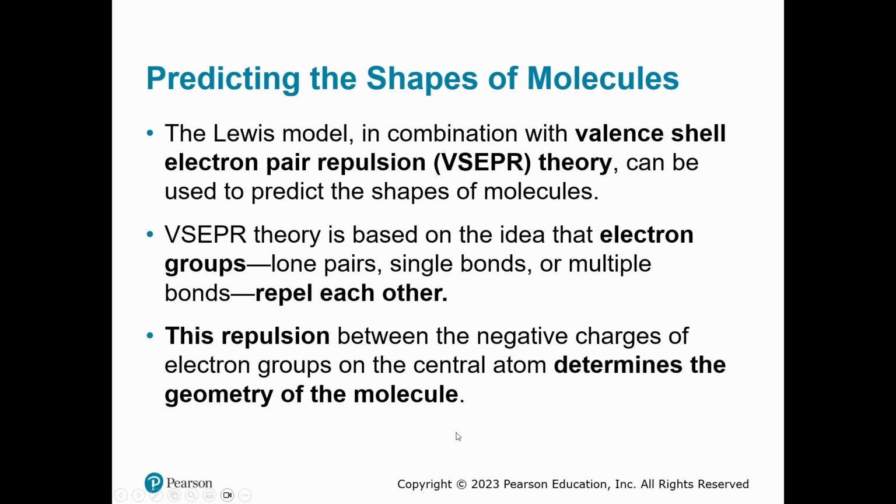VSEPR is a set of rules and theories and ideas that help us determine what molecules look like. Valence shell electron pair repulsion theory basically says that electron groups group together and push each other away. So lone pairs will group together and bonding pairs will group together. The lone pairs exert a stronger force and they kind of distort the geometry a little bit.